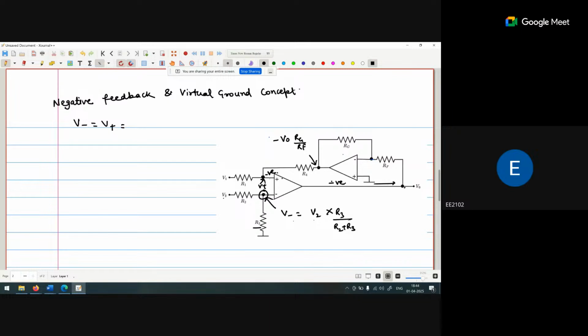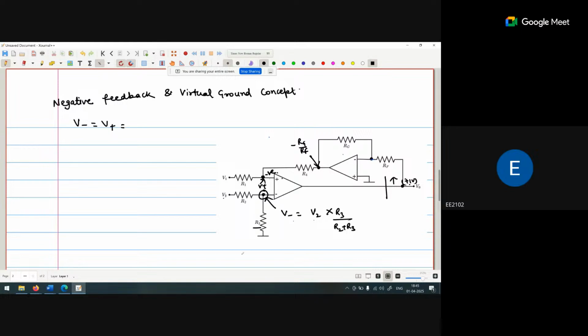If you want to break a loop, break it from here, increase minor voltage. Like if you apply plus 1 volt, here you are getting a minus Rg by Rf, that means negative voltage.